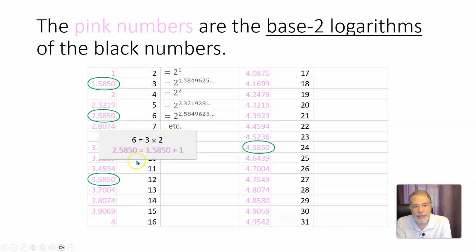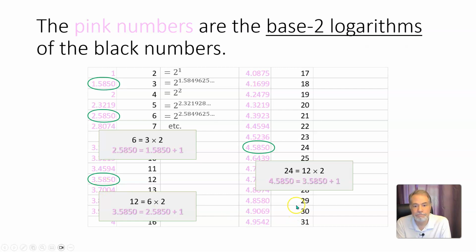If we took that, well, 12 is 6 times 2. So if we add the pink number, or the logarithm for 6, plus the pink number, or the logarithm for 2, we're adding 2.5850 plus 1, and we're getting 3.5850. 24 is 12 times 2, so adding those pink numbers, or logarithms, we're adding 3.5850 plus 1, and we're getting 4.5850.